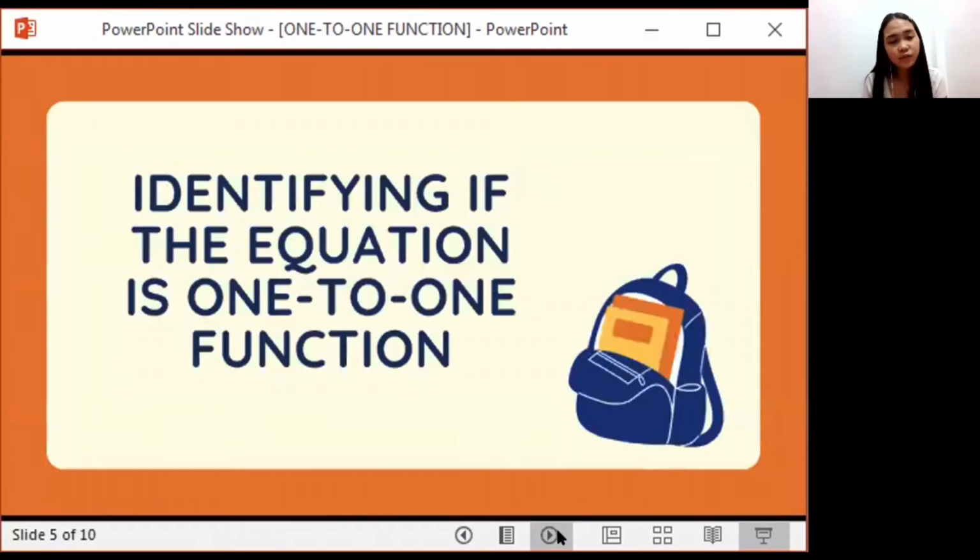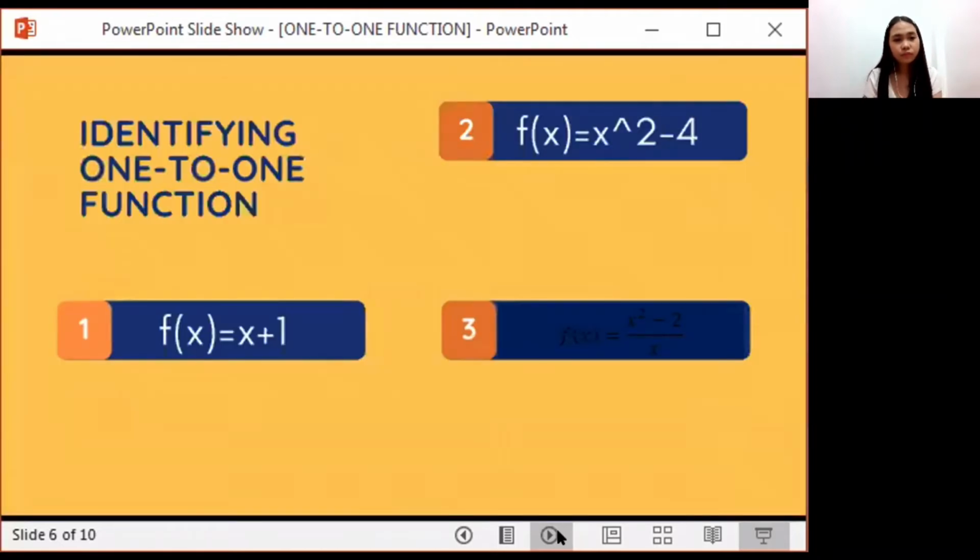Now let's identify the equation if it is a one-to-one function or not. Number one, first, we need to substitute the f of x to 0 and find the value for x.